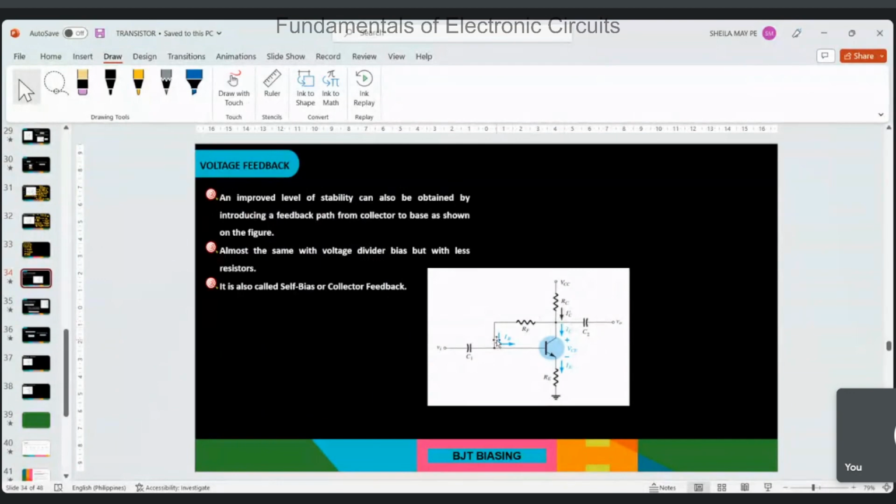Almost the same with voltage divider bias but with less resistor. It is also called self-bias or collector feedback. Now, in here, class, it's similar to our emitter stabilized or emitter bias, right?